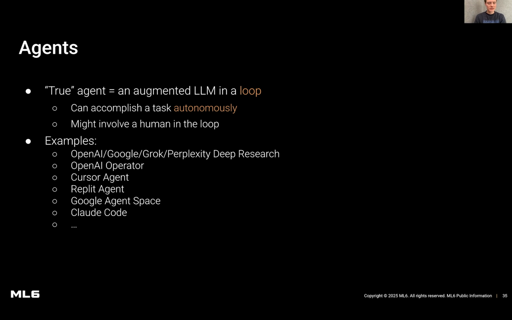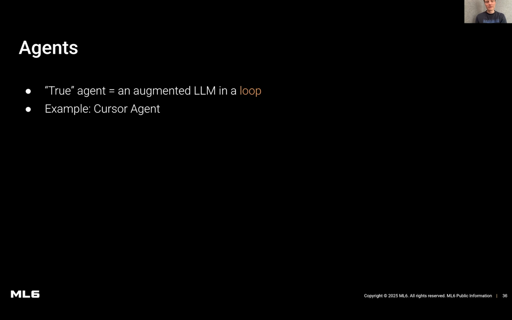For example, Deep Research is a very popular one, originally created by Google, but now replicated and made more powerful by other companies like OpenAI, XAI, which has their own LLM called Grok, Perplexity, and so on. And there are other fully autonomous agentic systems, so I can just showcase some examples of them.